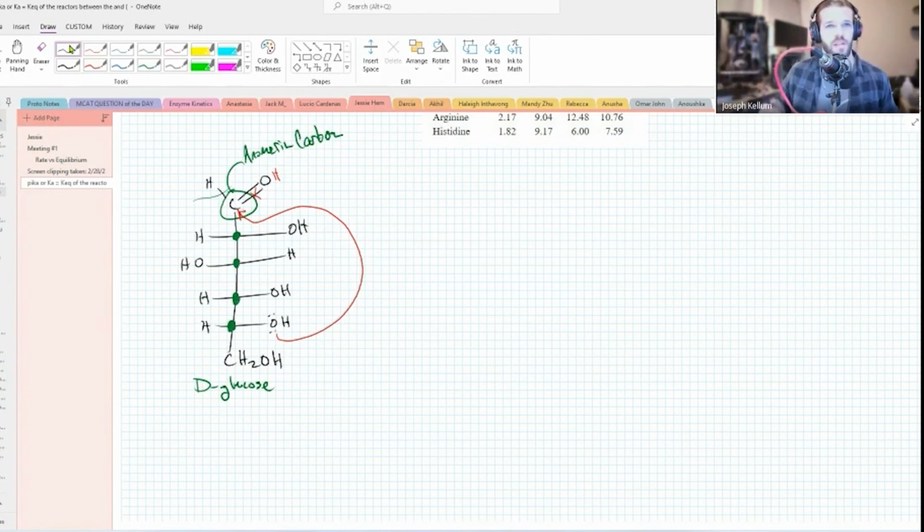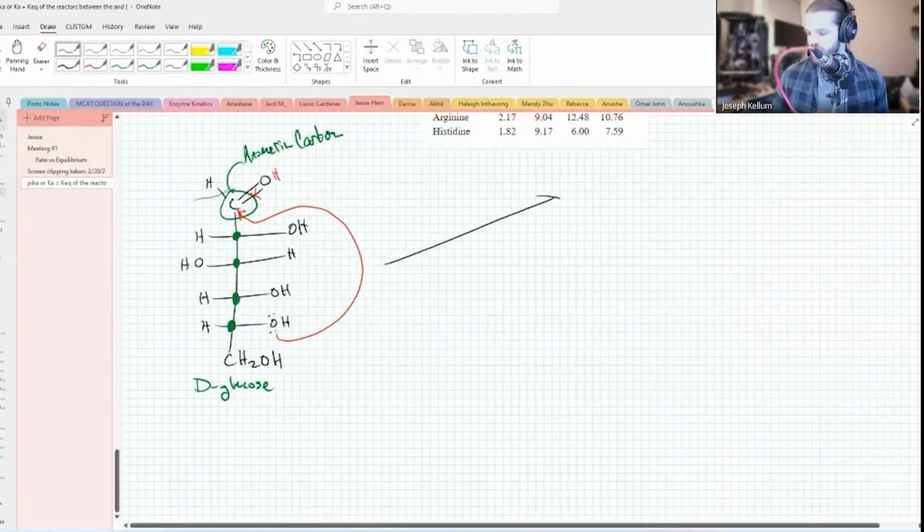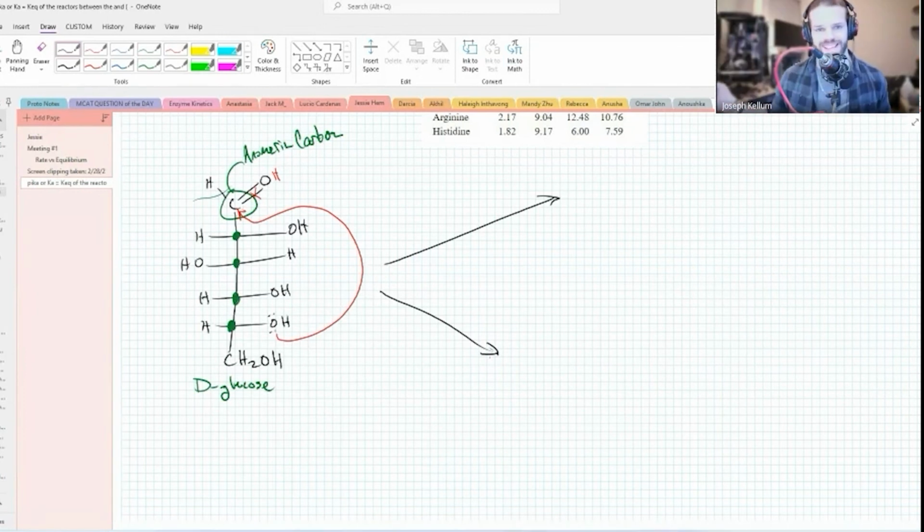See what I'm saying? You can have either configuration around that stereocenter after it cyclizes. So you can create two totally different products from the exact same reaction on the exact same molecule.